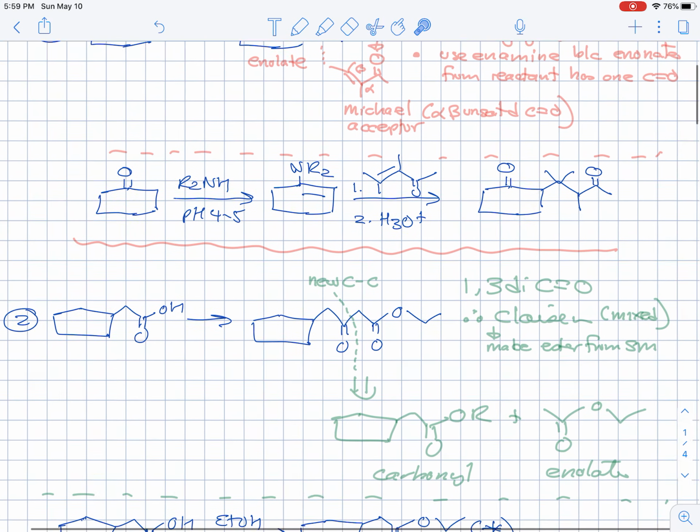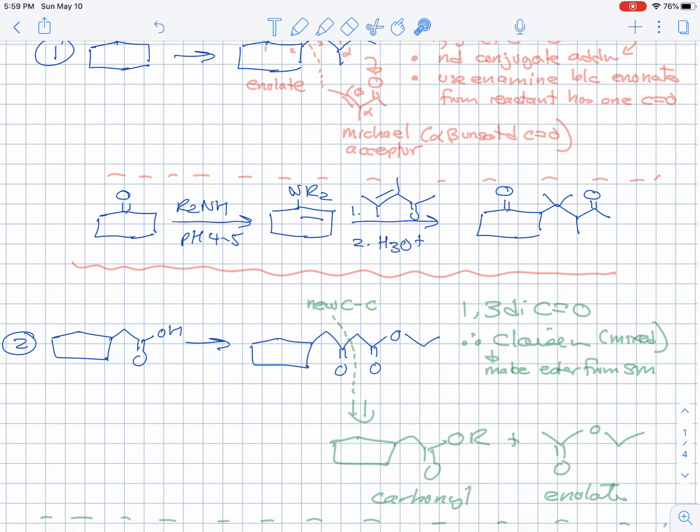So in this next problem, I'll slightly hide the answer here. In this next problem, we have a 1,3-dicarbonyl as our target molecule, and therefore you should think Claisen. Clearly it's going to be a mixed Claisen because these two pieces don't look anything like each other. In order to do a Claisen, we need an ester, and so we can take this compound and make it into an ester.